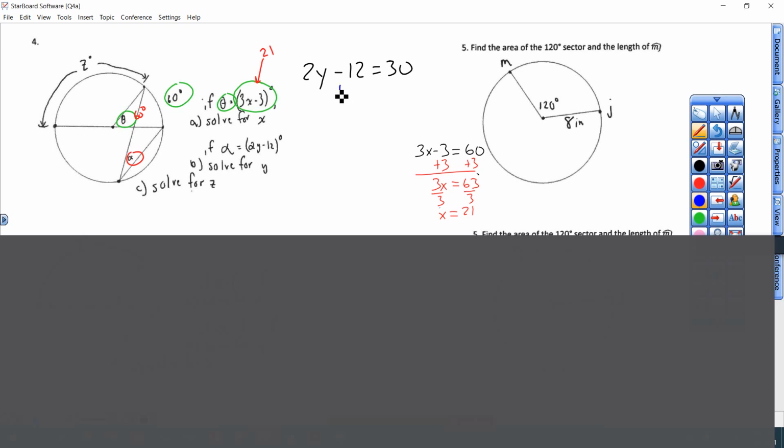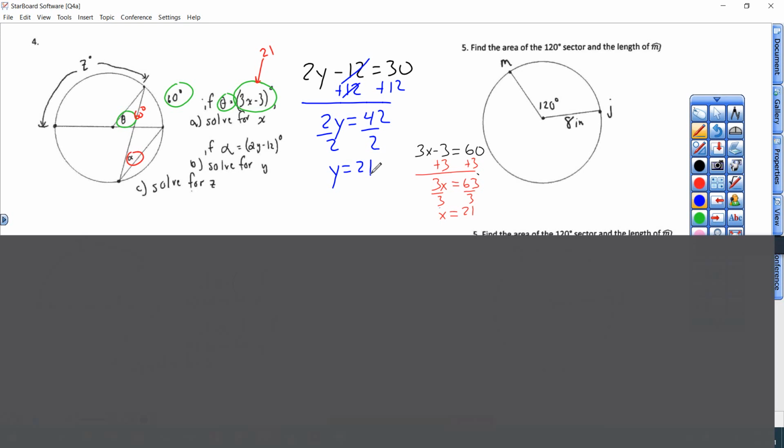So to solve for y, you're going to be adding 12 right there, and then dividing by 2. And I think that one is 21 also. What do you think?